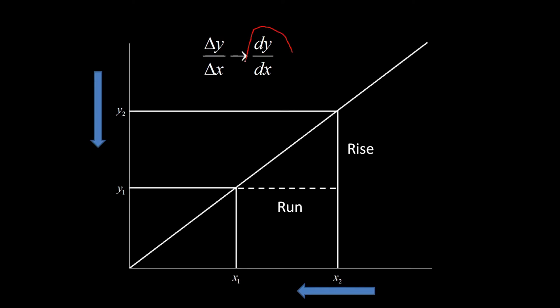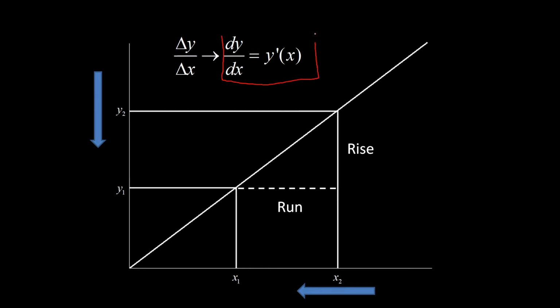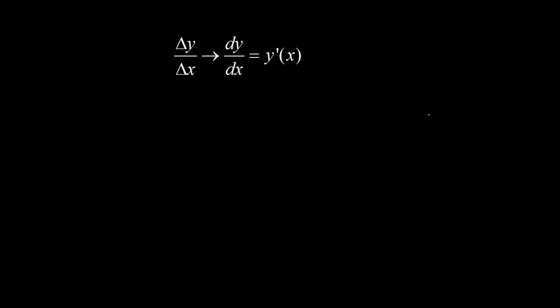And this is our new notation. And this notation does mean the derivative. And y here is just the name of the function. We can name the function whatever we want.